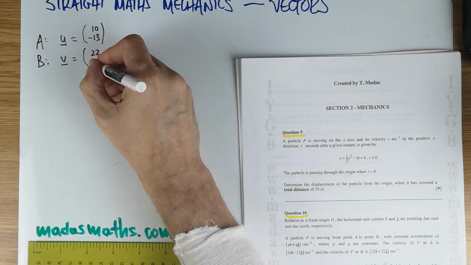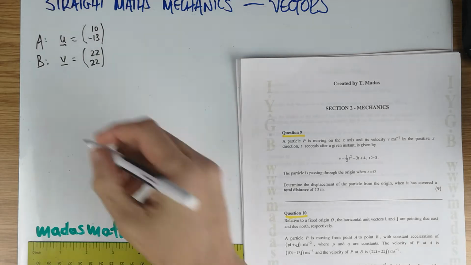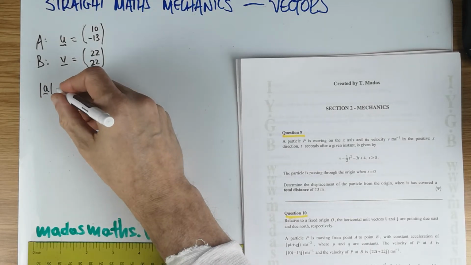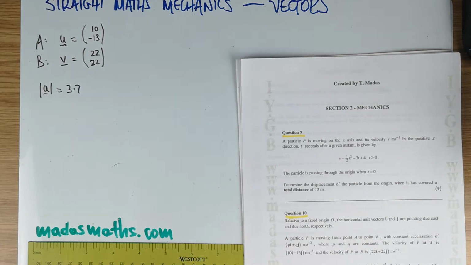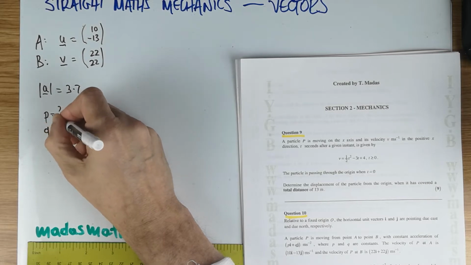I hope I haven't done a copy and paste, because I don't like the look of both being the same there. And what I have is the magnitude of the acceleration. So the magnitude of the acceleration is 3.7 in units, meters and seconds. So the question is P question mark, Q question mark.